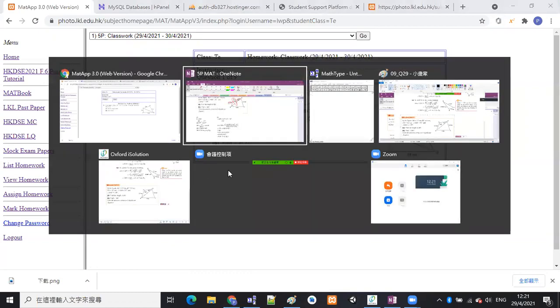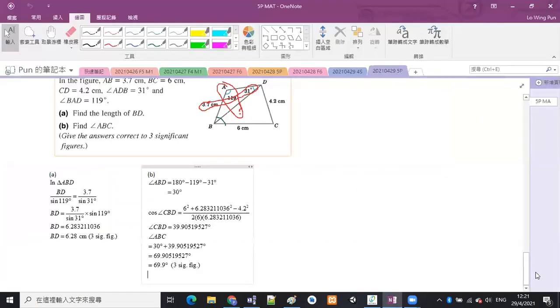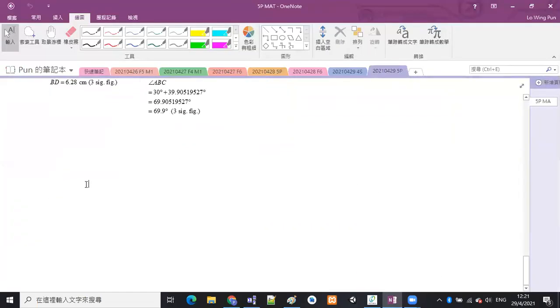So I would like to give you some time to work on these problems first. So let's do some classwork. This is exercise 9B, question number 21 to 29. I will give you 15 minutes.